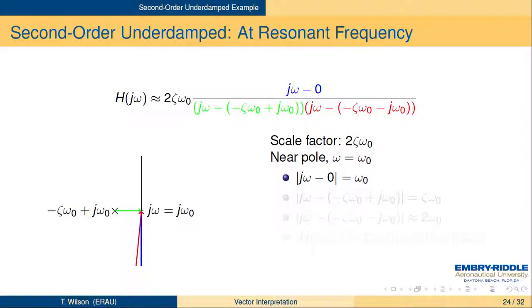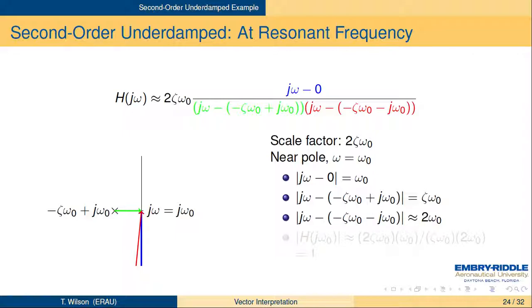So the length of the vector from the 0 remains omega naught, but now the length of the vector from the pole with positive imaginary part is zeta omega naught, and the length of the vector from the pole with negative imaginary part remains 2 omega naught. So when you put those in, scale factor, length of vector from 0, divided by product of length of vectors from poles, you get 1.